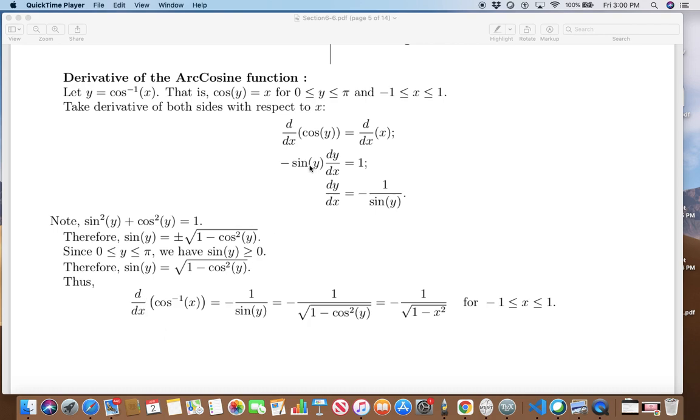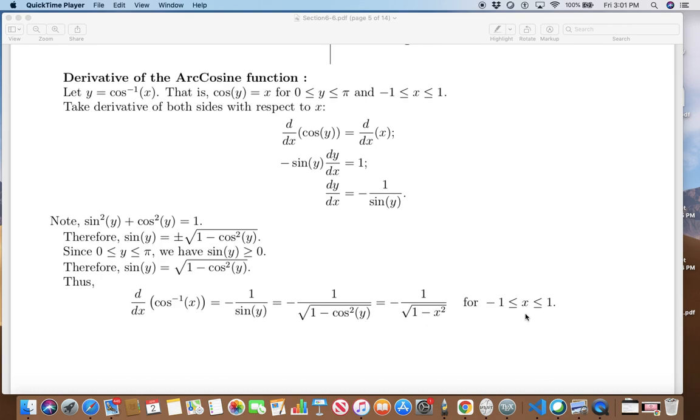Therefore, the derivative of cosine inverse x with respect to x is negative 1 by sine y. Sine y itself is the square root of 1 minus cosine squared y, and cosine y is x. So the derivative of cosine inverse is negative 1 over the square root of 1 minus x squared.